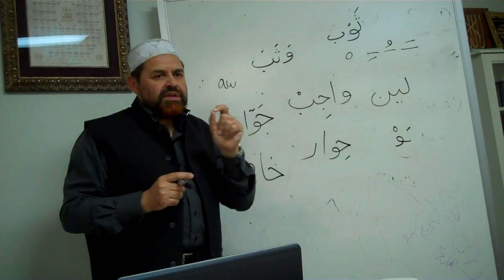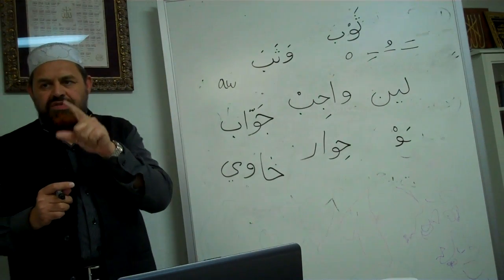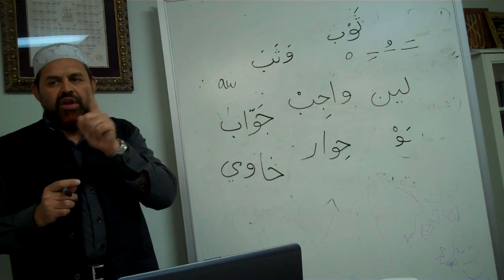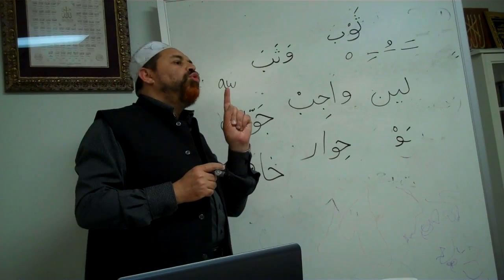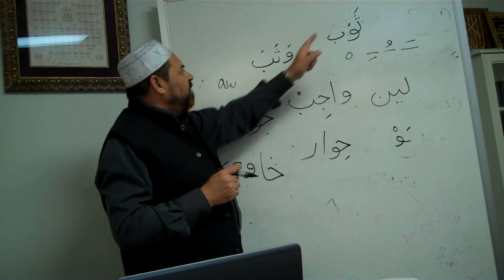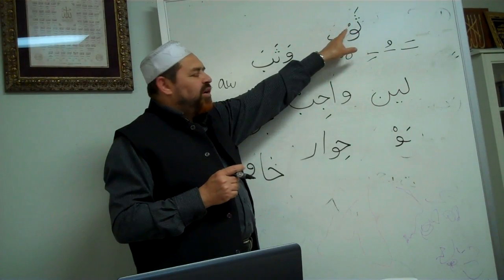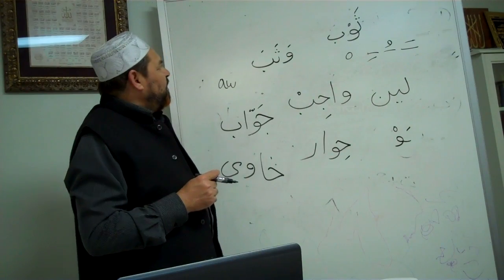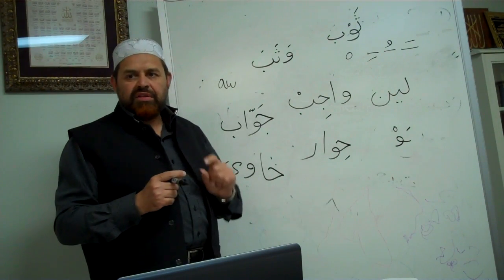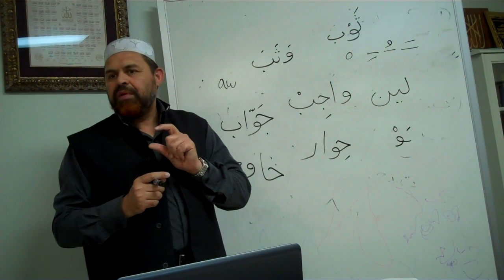Now the thing to remember here, this vav is not a long vowel. We are not saying thoo, because we have fatha on tha and sukoon on vav. And the vav in this sound will become a consonant.